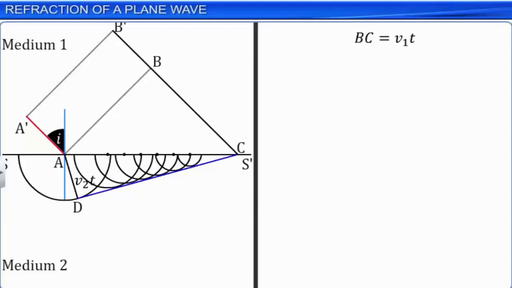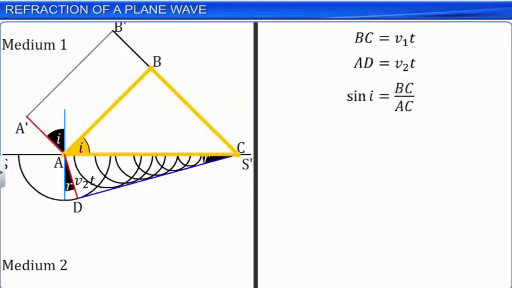Note that AD, being the radius of the hemispherical wavelet generated at A, is equal to V2t, and the direction of AD is the direction of the refracted wave in medium 2. If the angle made by the refracted wavefront CD with the interface SS' is R, then it is the same as the angle of refraction. Since angle BAC is equal to I, from the triangle ABC we have sin I equal to BC by AC.